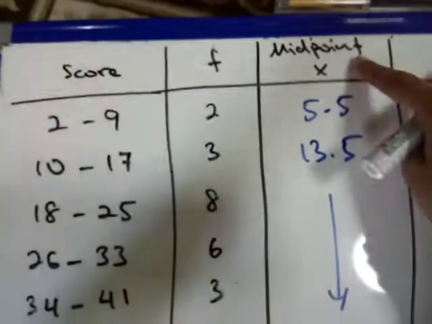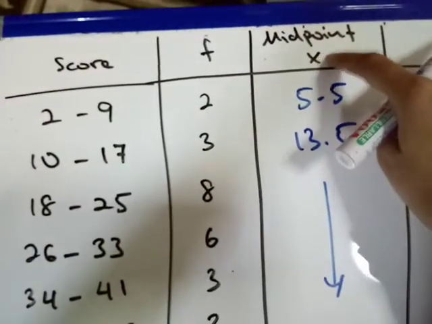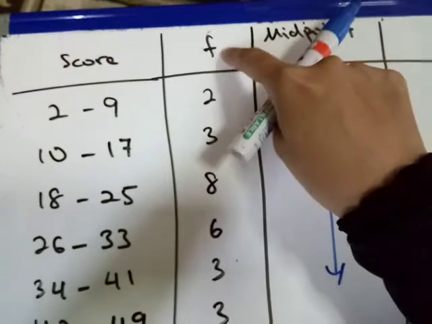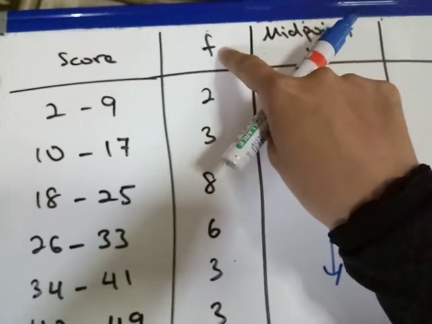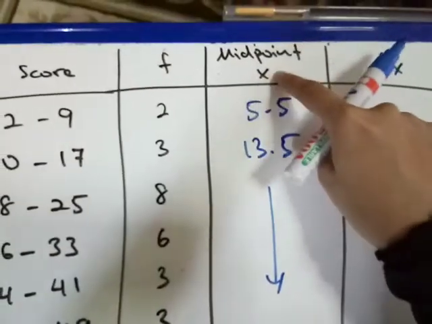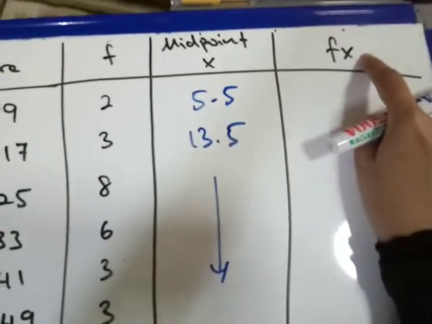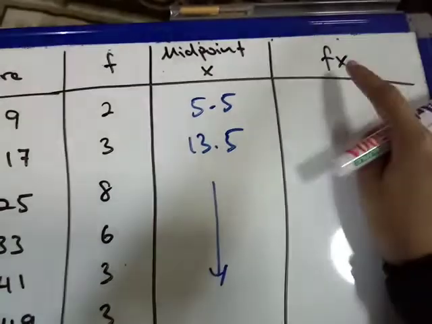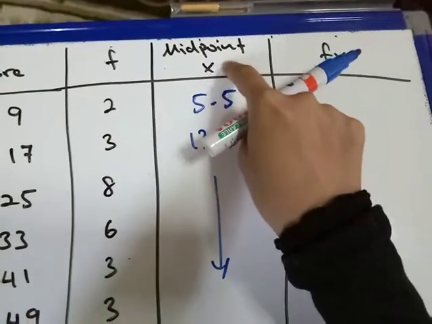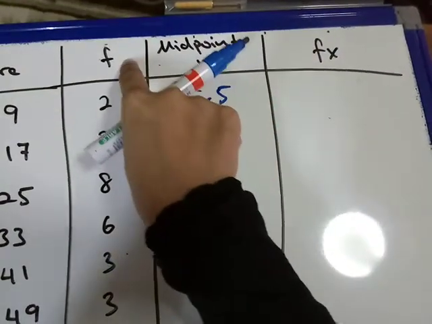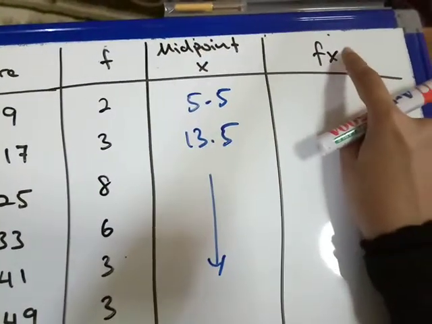Okay, midpoint ni simbol X. F ni adalah frequency. And then you have to multiply the midpoint with frequency. You get Fx. Okay, boleh faham dah? Multiply the midpoint X ni, simbol X, darab dengan frequency dia. So you get Fx.